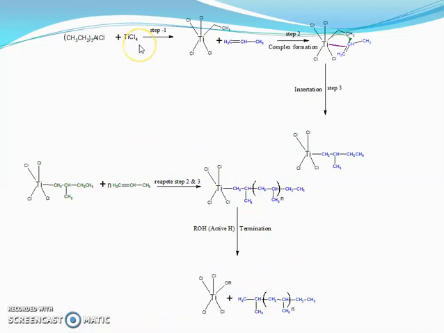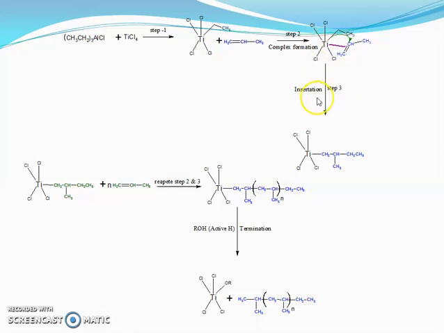Now, this is the type of reaction done with the Ziegler-Natta catalyst. Firstly, diethyl aluminum chloride is treated with titanium chloride. Then what happens? The ethyl group is attached to titanium. This is called the Ziegler-Natta catalyst. The Ziegler-Natta catalyst is treated with an alkene molecule like propene to get pi complex formation with titanium.